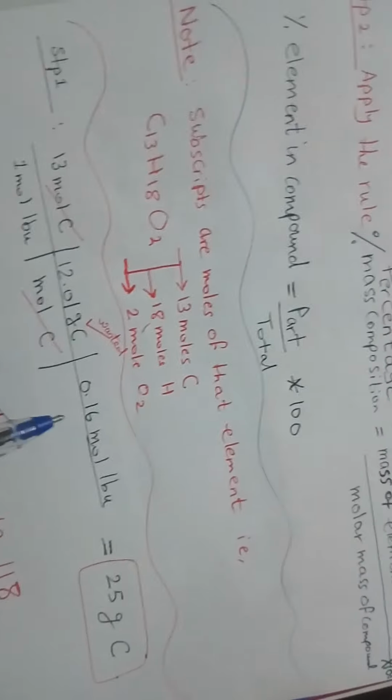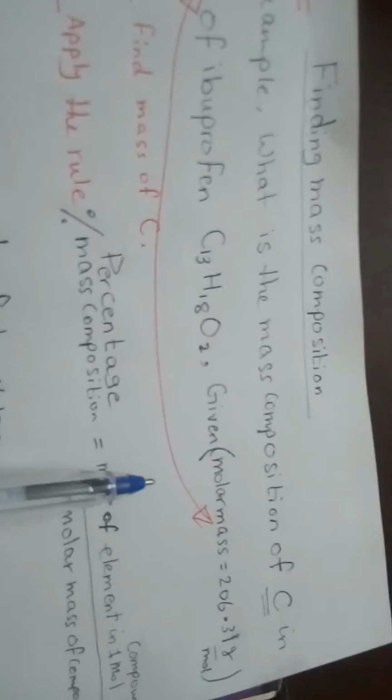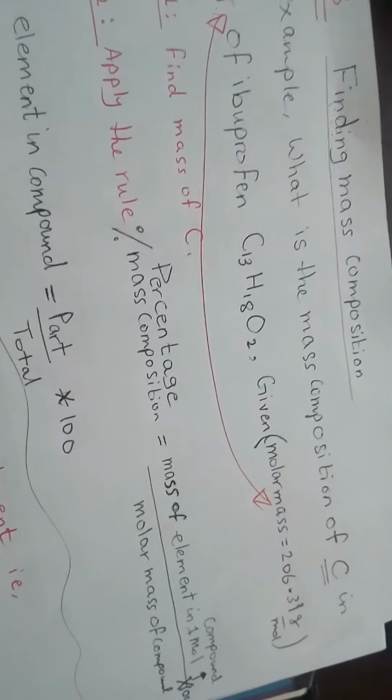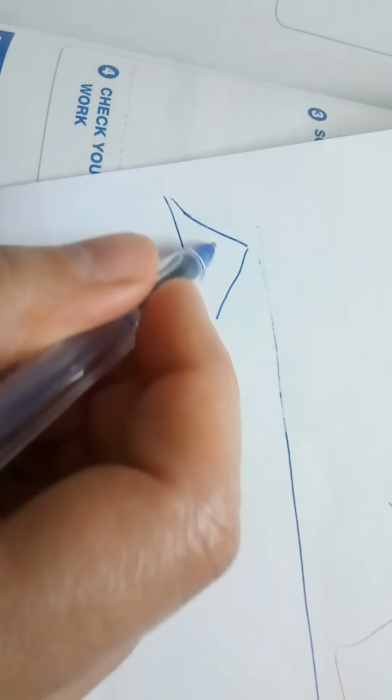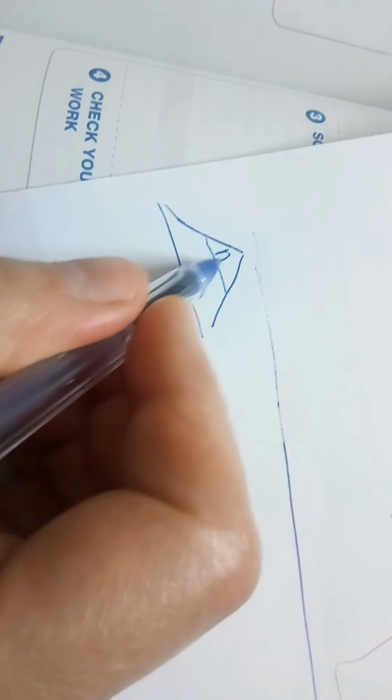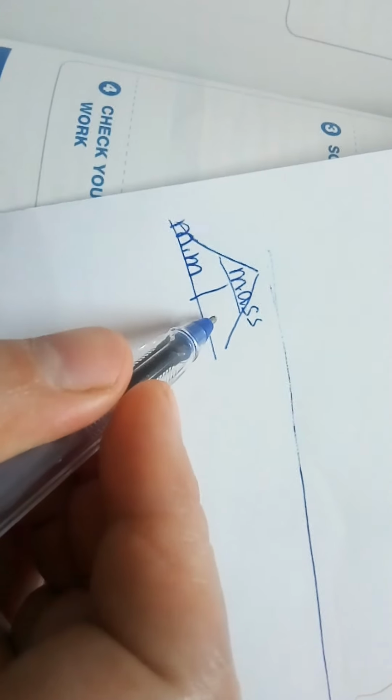We found it from grams and molar mass. Do you remember when we explained the triangle? Triangle number 1: mass, molar mass, and moles. Mass is given, which is 33 grams.